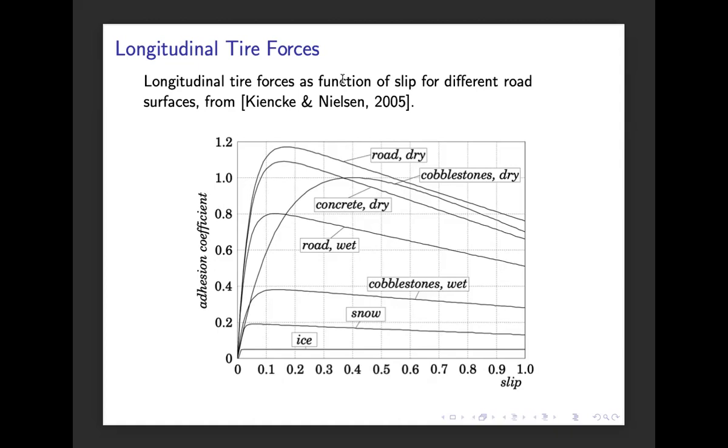Especially for ice, we don't have this peak, because of the interaction between the tire and ice, and it turns out that it's essentially the same over quite a wide area of slips. So we need to know both the tire itself and the road that it is interacting with to be able to model the tire forces.